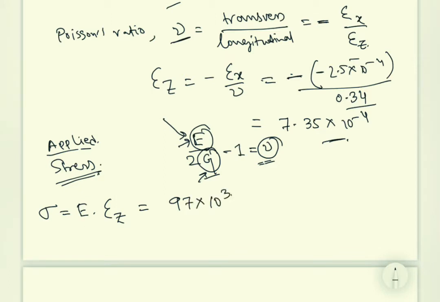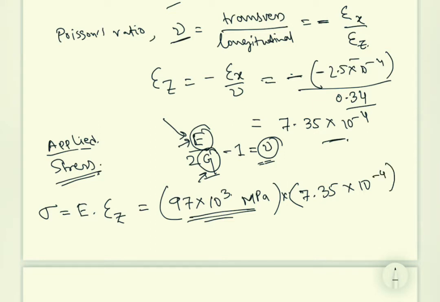Sorry, I just forgot to put it here. So E in MPa into epsilon z, this will be given for brass. Ultimately we are getting 71.3 MPa.